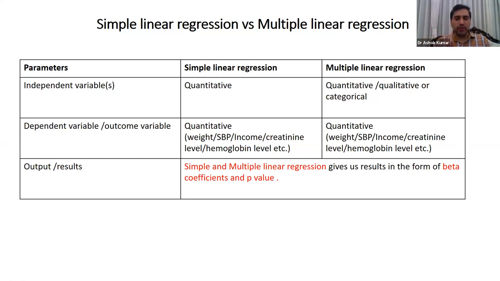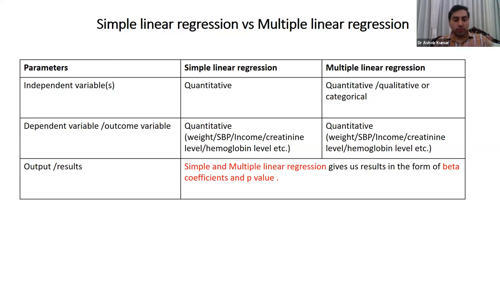If the independent variables are more than one, it is called multiple linear regression. Our dependent variable must be one and the independent variables more than one, then we go for multiple linear regression.